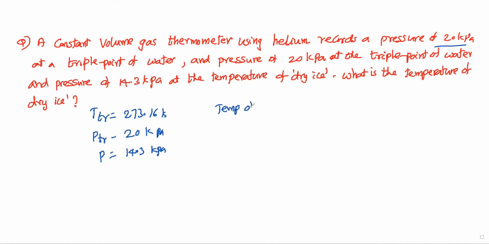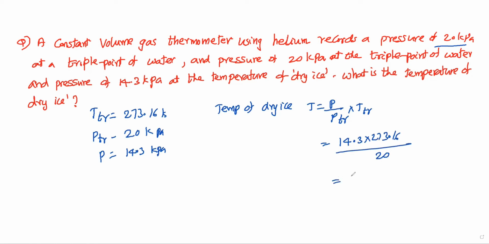Now temperature of dry ice T is equal to P by P triple point into T triple point. So 14.3 into 273.16 by 20 is equal to 195.3 Kelvin. Clear?